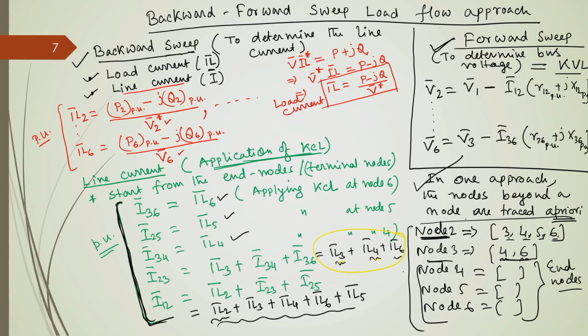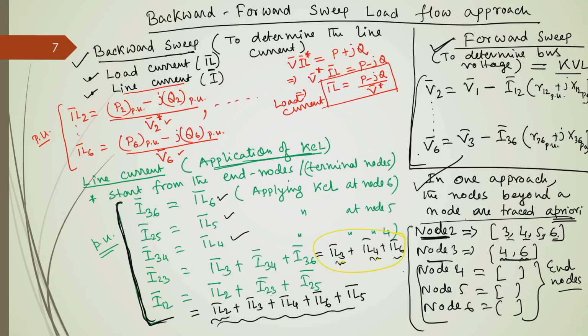So, similarly, we can calculate. This is a very easy step, not at all complex, simple and straightforward. You need not have any problem for determination of this, because once you get this line current and the line parameters are already known, we can eventually find out these voltages.